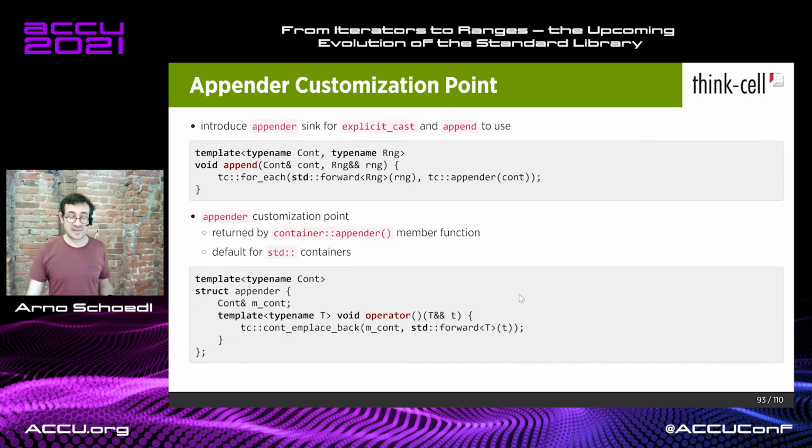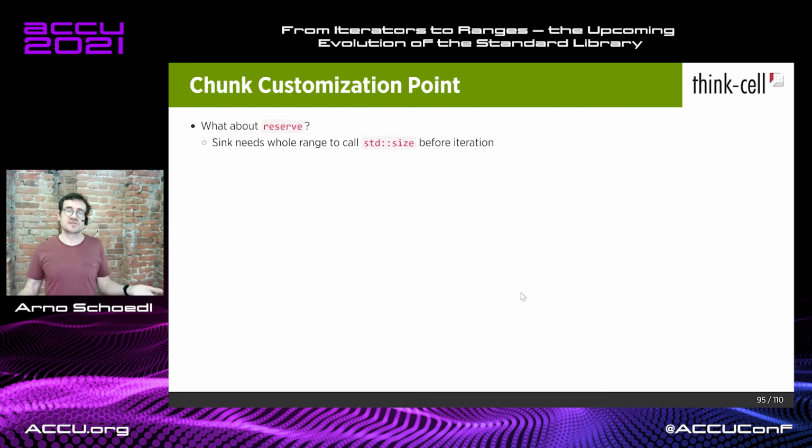Now, maybe it sounds a little bit overdone because this is really just a back inserter, right? So this is basically an output iterator where you pass in the elements. Well, we need a little bit more, because what about the reserve? Doing the reserve is kind of critical. And the sink needs access to the whole range to ask it, hey, do you have a size?